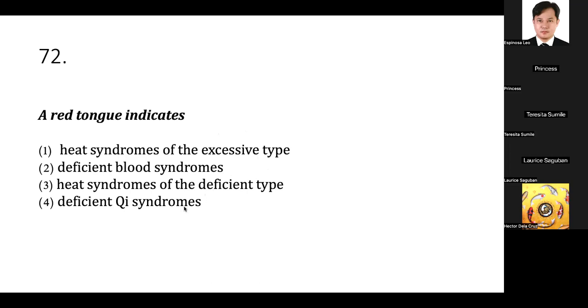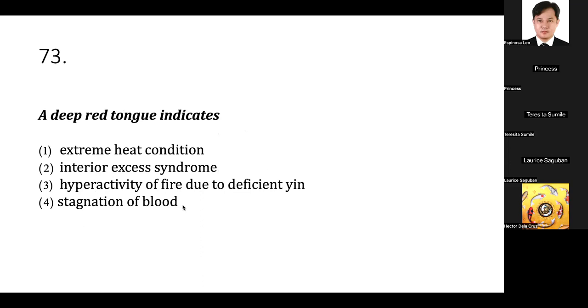Okay, number 73. Take it slowly. Number 73, a deep red tongue indicates, no. Deep red means the redness is intense.